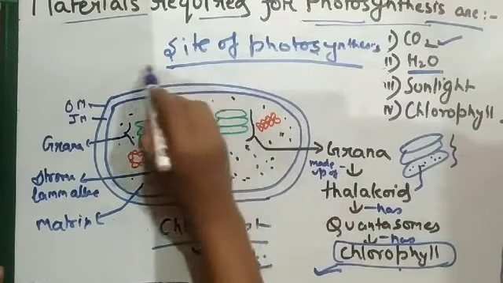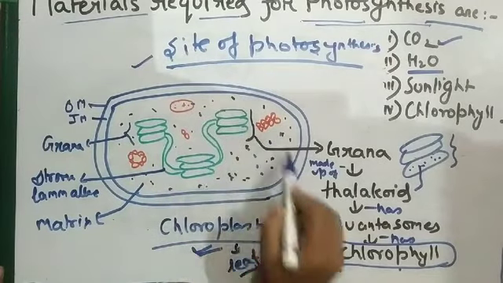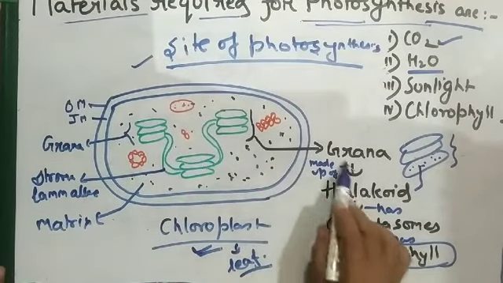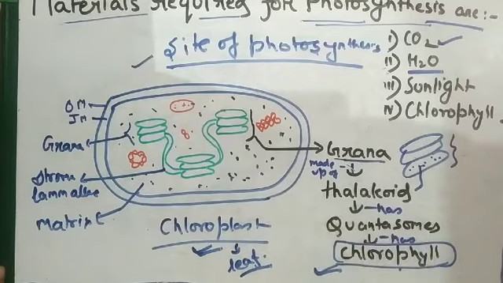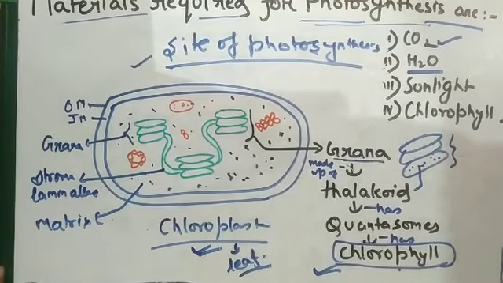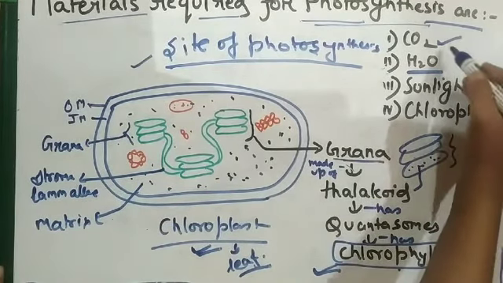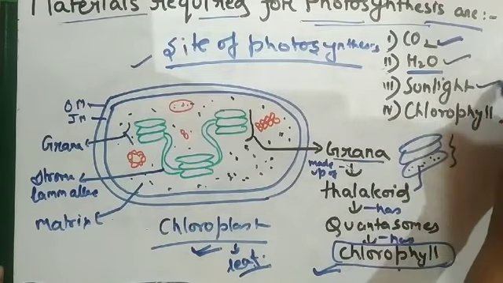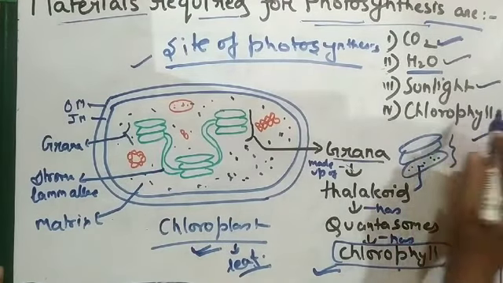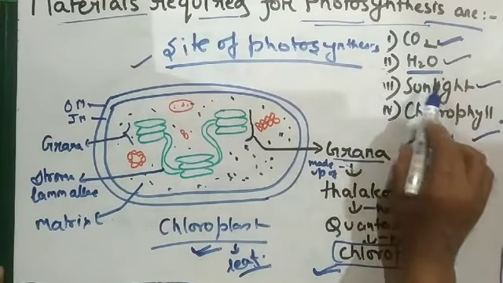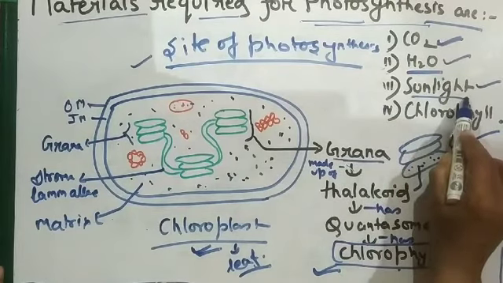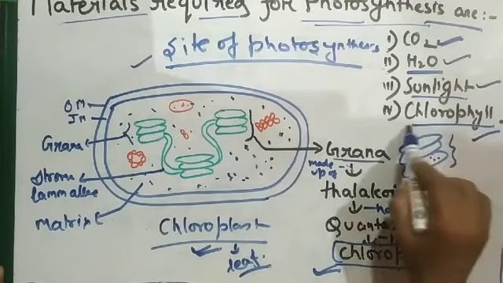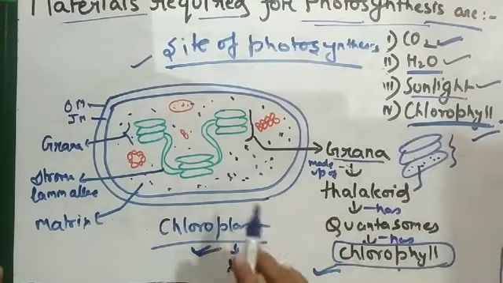In the grana of the chloroplast, the chlorophyll molecule is present. We have studied one by one about carbon dioxide, water, sunlight and chlorophyll molecule: how plants take carbon dioxide, water and sunlight, and where the chlorophyll molecule is present. Chlorophyll molecule is present in the chloroplast.